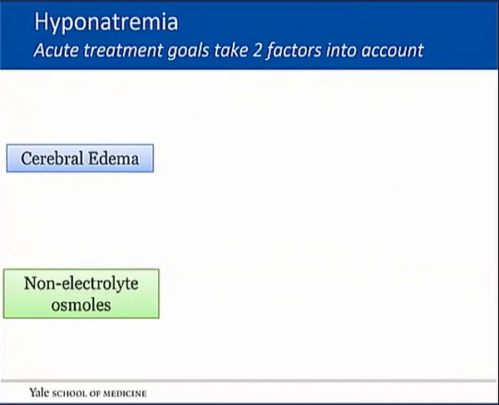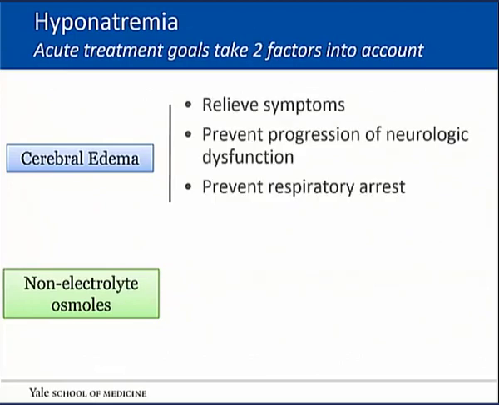So the two elements that guide our decision on how fast to treat hyponatremia are, number one, the presence of cerebral edema, and whether it's manifest or not. Manifest, for example, in the case that we just did. With cerebral edema, we need to attack pretty quickly so that we can relieve symptoms, prevent the progression of neurologic dysfunction, and prevent respiratory arrest from herniation in patients who are at high risk.